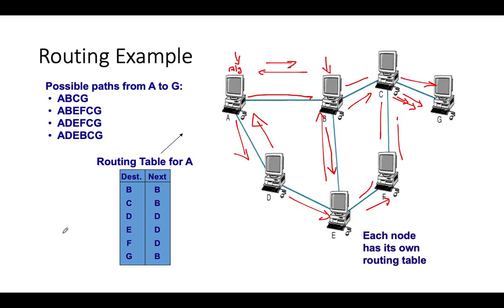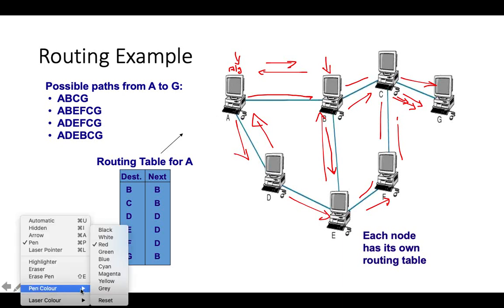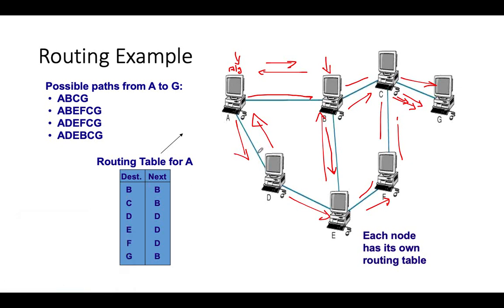Okay, what if I want to force the router to take a specific direction? For example, if I want to force that router to take that direction, can I do that? Yes, we can actually do that, and we call that static routing.